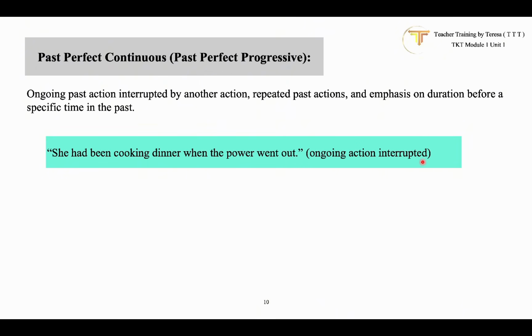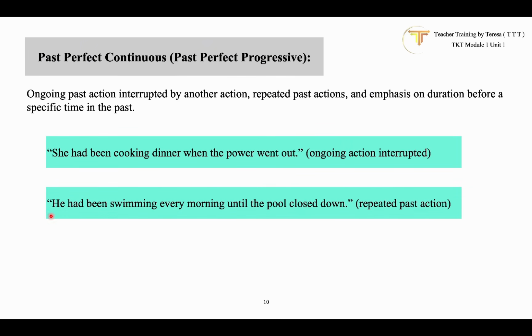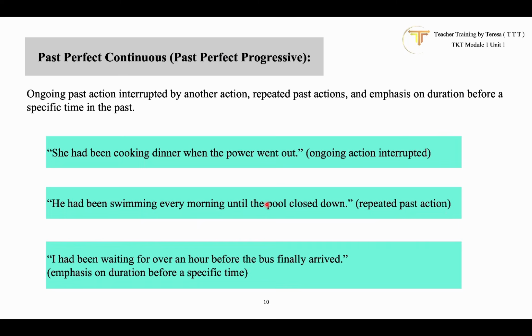Ongoing action interrupted. He had been swimming every morning until the pool closed down. Repeated past action. I had been waiting for over an hour before the bus finally arrived. Emphasis on duration before a specific time.